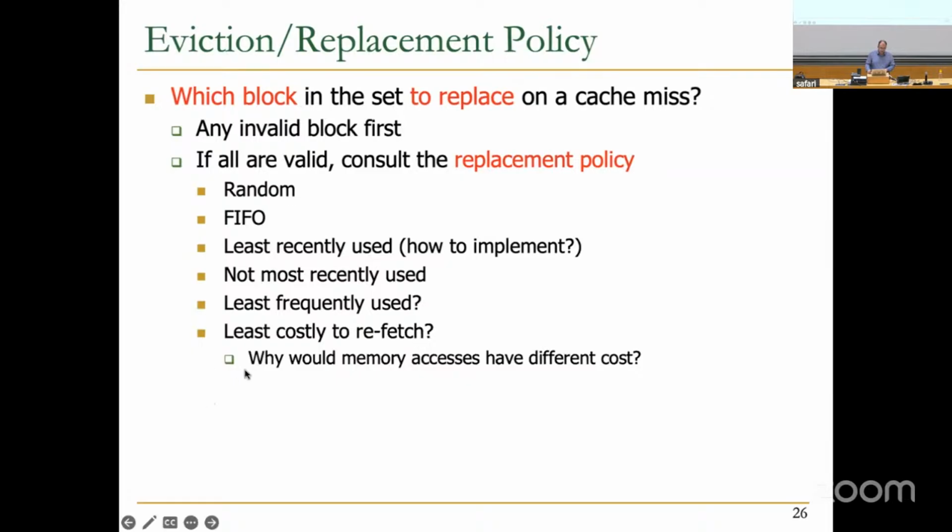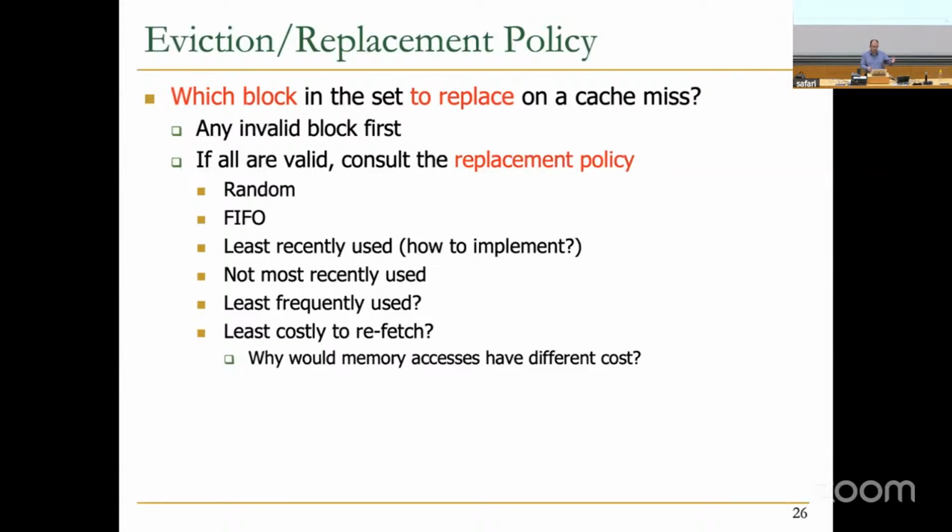Also, for example, it can be least costly to refetch. Why would memory accesses have different costs? Sometimes when you're evicting a cache block, you should think about how costly it would be to refetch this block. Am I going to refetch this block again from the other cache hierarchy, for example, from L2?